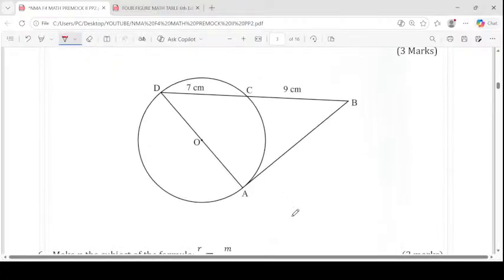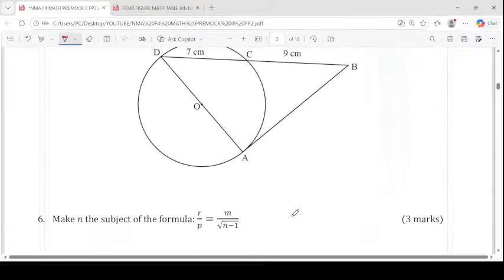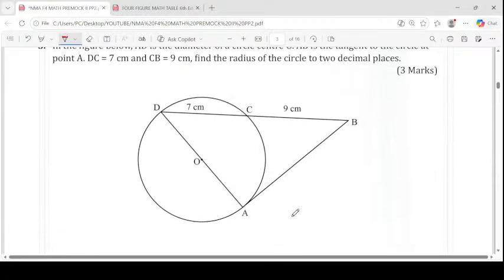There is a relationship existing between a tangent that is cutting the circle from one point and a chord that is extending outside. I want us to understand the relationship first.